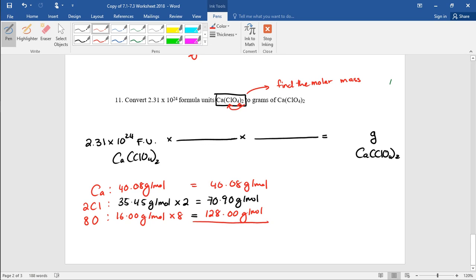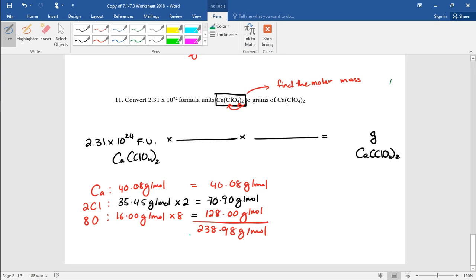So I'm going to now add these up. 128 plus 70.9 plus 40.08 is equal to 238.98 grams per mole. So that is the molar mass of calcium perchlorate.